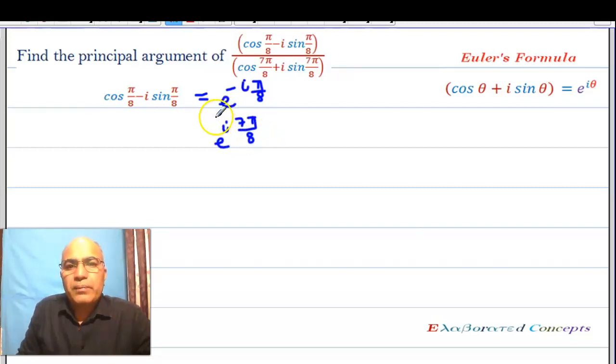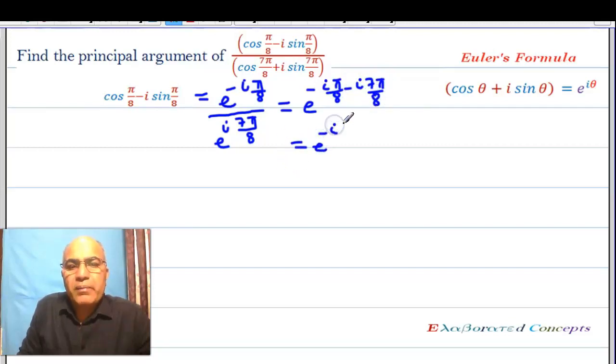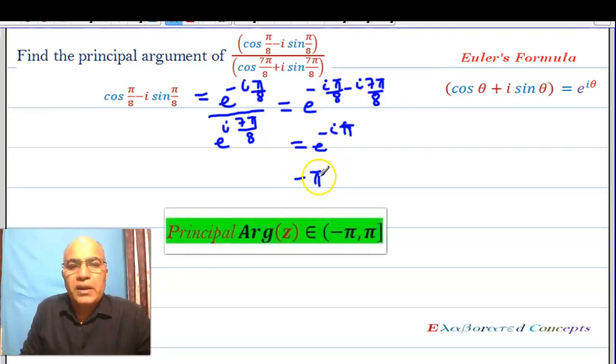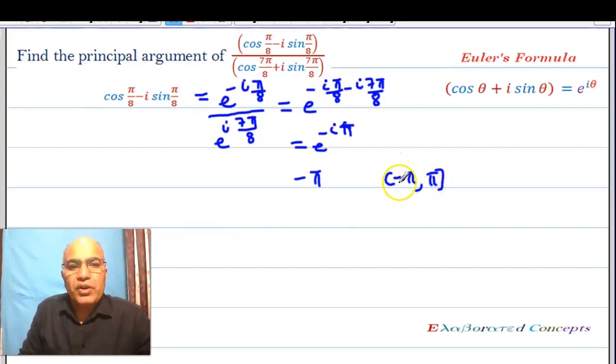So the number is this number, which in turn is equal to e raised to minus iota pi. Therefore, the argument of this expression is minus pi, but it is not the principal argument, as the principal argument lies in the interval minus pi to pi, but minus pi is not included.